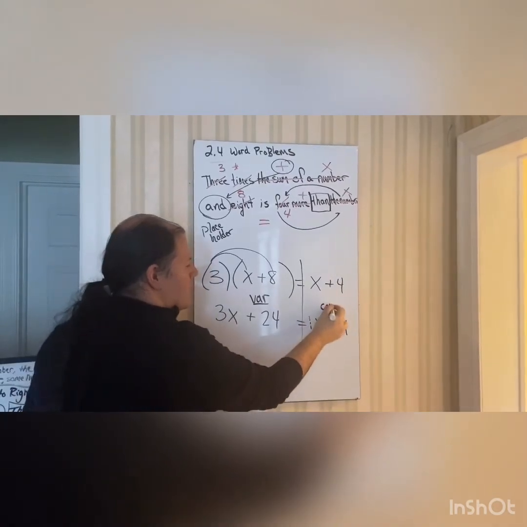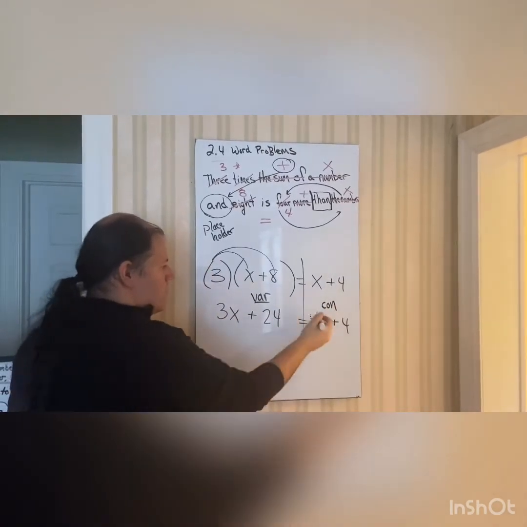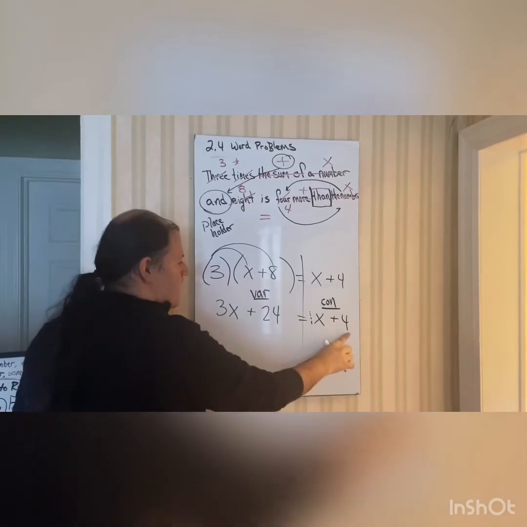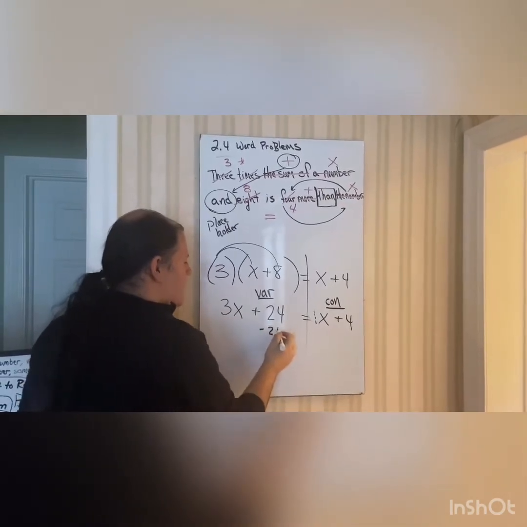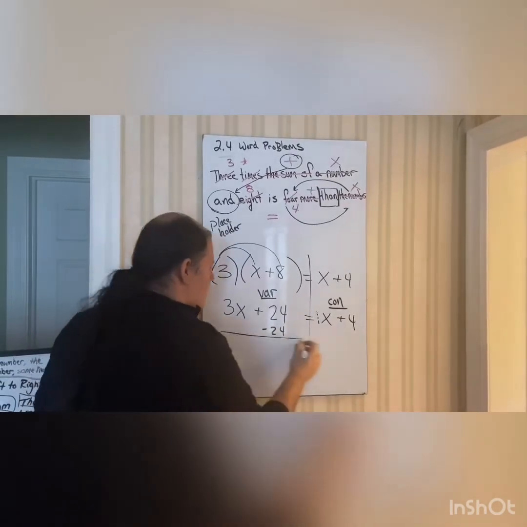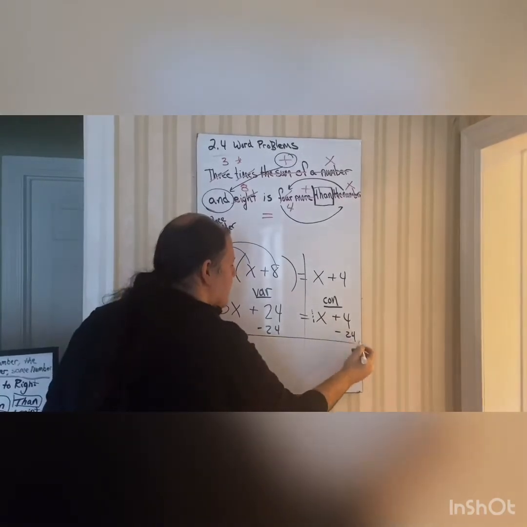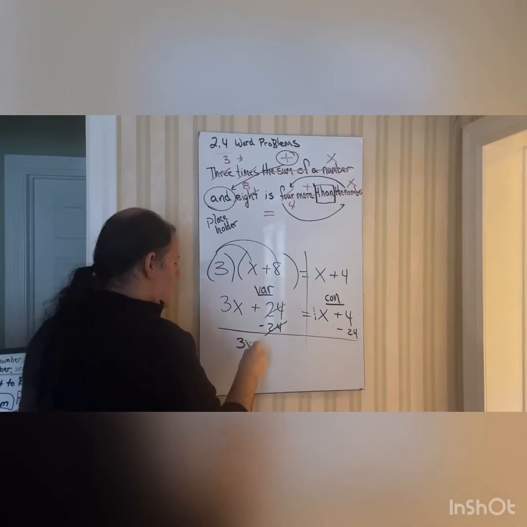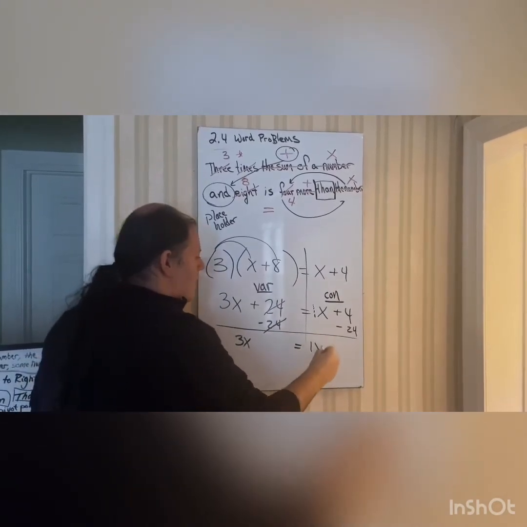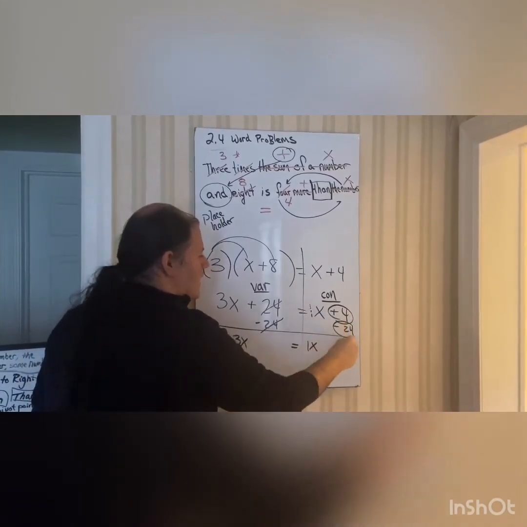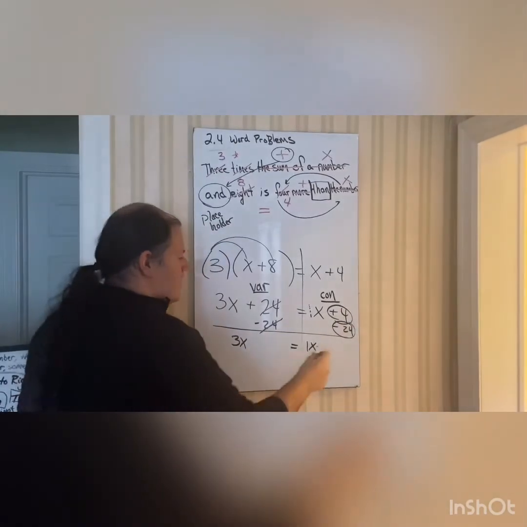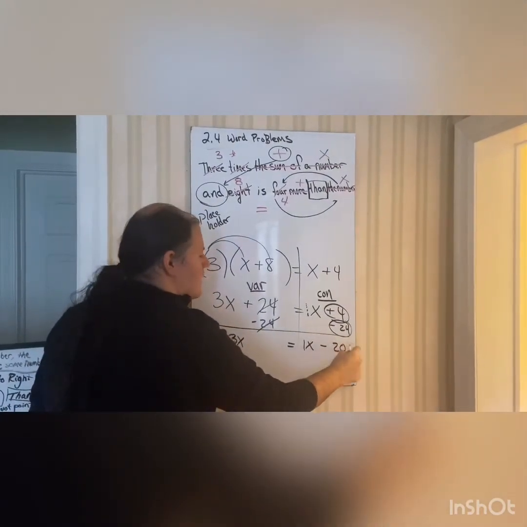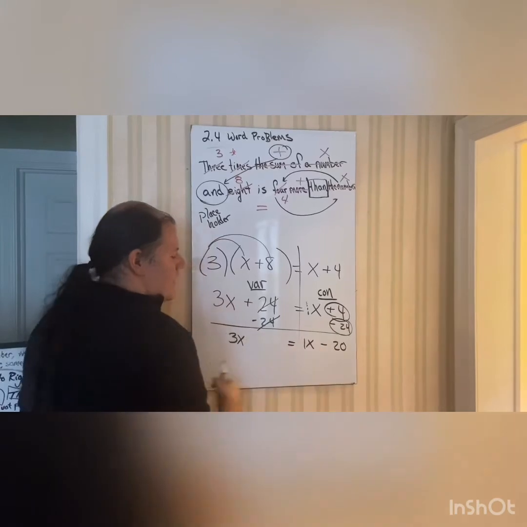This must be constant. Next, start moving things. We know this 24 has to go over here. You know, a positive 4 and a negative 24, we're going to subtract. Who wins the tug of war? Team 24, so that's why it's team negative.